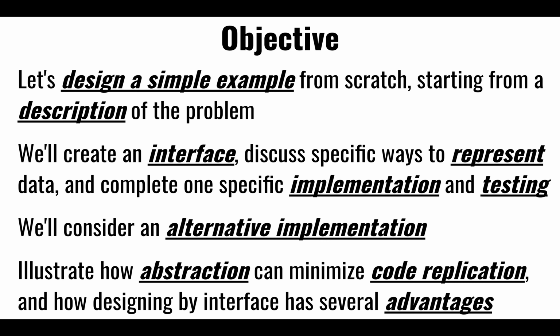Right. So we're going to apply some of the design principles that we've been looking at for the last couple of days. We'll first start with an interface, as opposed to focusing on any particular implementation. First, we'll sit down and look at what the requirements are.